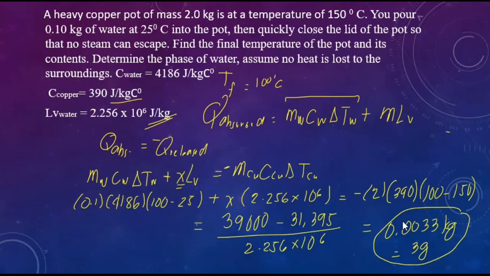So in this situation, not all the water has undergone phase change, okay? Only a portion of it, which is 3 grams. So that's how you solve it. In these types of questions, what you're going to do is to assume the temperature. Ang pag-assume natin ng temperature, it's either sa freezing point, 0 degrees Celsius, or boiling point, 100 degrees Celsius.